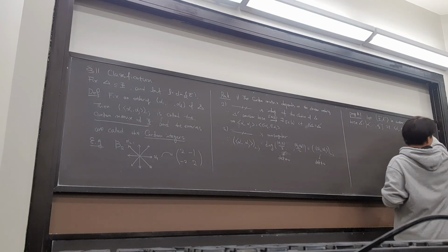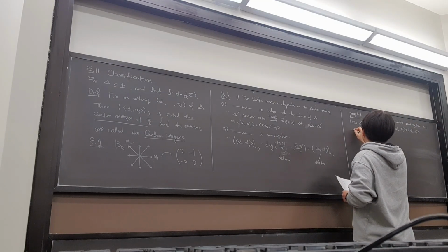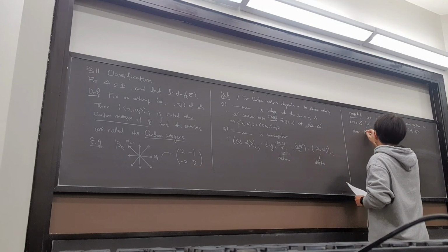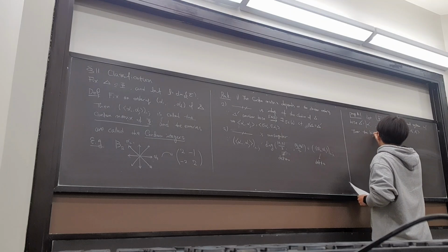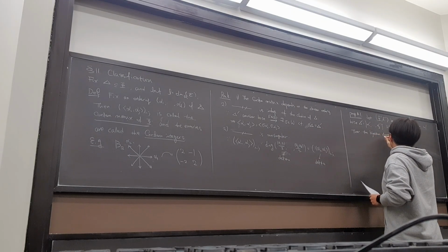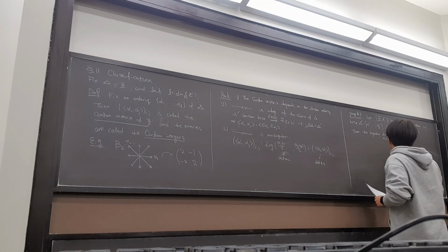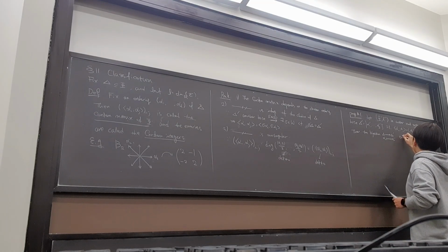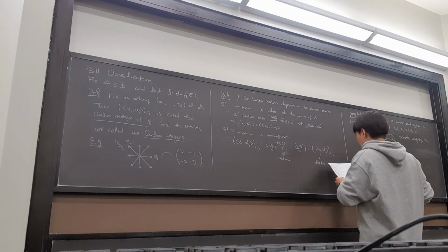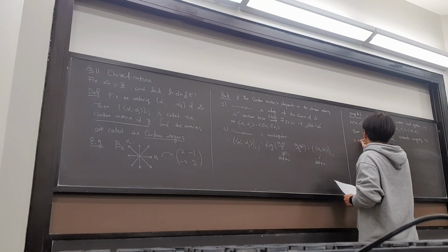That means they have the same Cartan matrix. And then the bijection from alpha i to alpha i prime extends uniquely to a root system isomorphism.